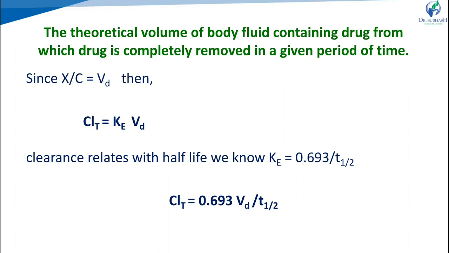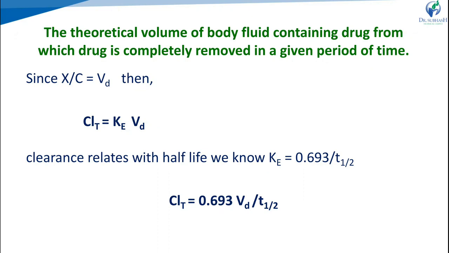The definition of clearance is the theoretical volume of body fluid containing the drug from which the drug is completely removed in a given period of time. That is what we call clearance. The unit is ml per minute or liter per hour. Clearance relates to the half-life.